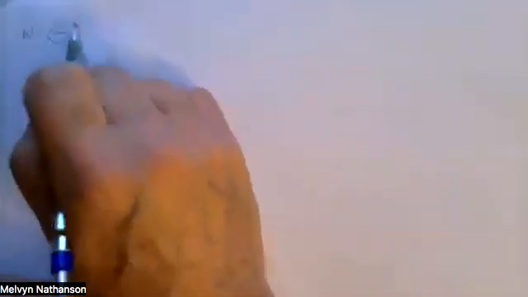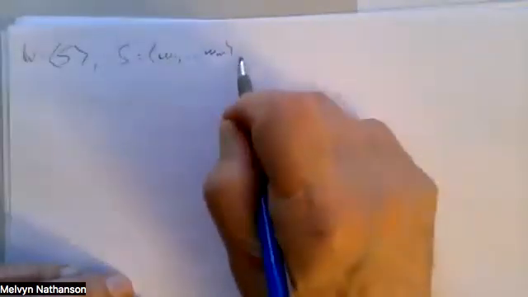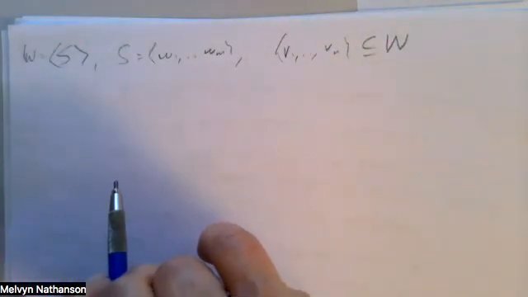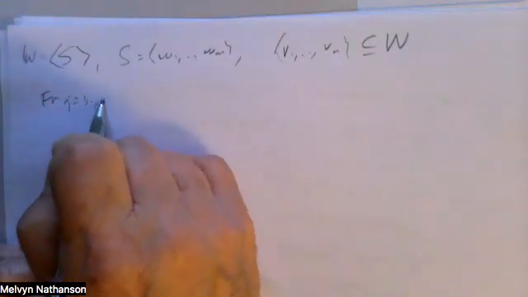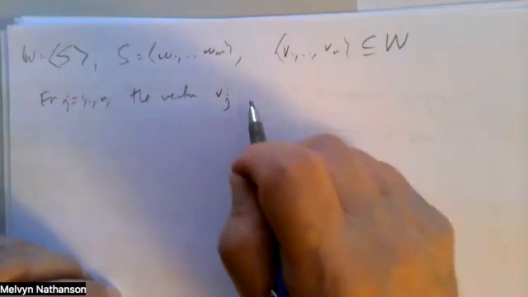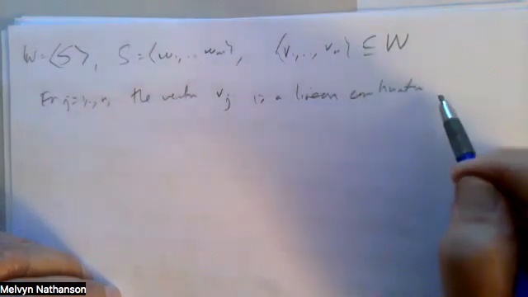W is the subspace generated by S, where S is a set of m vectors, and we have vectors V1 up to Vn contained in W. So for every j going from 1 up to n, the vector Vj is a linear combination of the vectors W1 up to Wm.